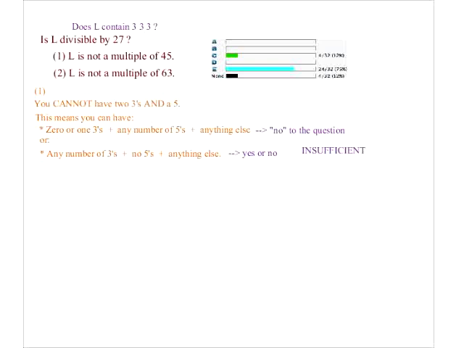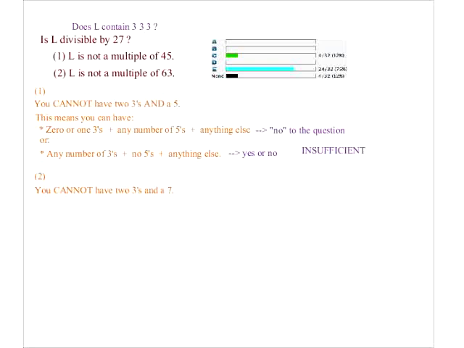Statement 2 says you cannot have, it's very similar analysis. Statement 2 says you cannot have 2 3s, and a multiple of is the same thing as divisible by. Those are exactly the same thing. You cannot have 2 3s and a 7.